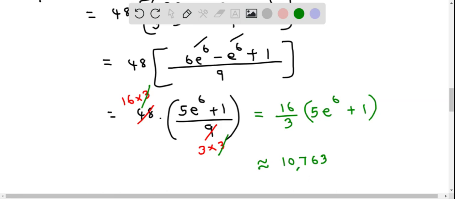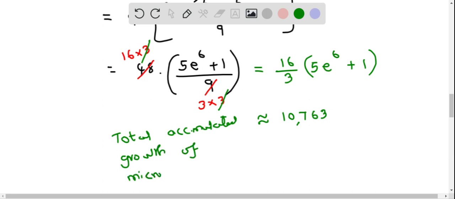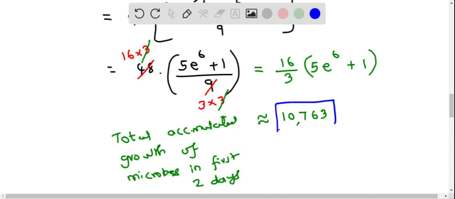So we can say that the total accumulated growth of microbes in the first 2 days is approximately 10,763 microbes.